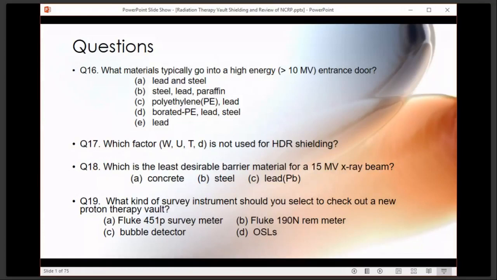And if there's photoneutrons, often we sandwich first with a layer of concrete to attenuate down, as well as get the neutrons down as low as possible, and then follow up with lead to take care of the capture gamma rays. And you might even follow up again with some more concrete, but it's usually attenuate first, thermalize the neutrons, and then take care of the capture gamma rays with the lead.